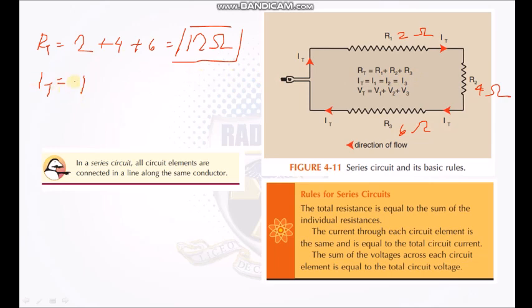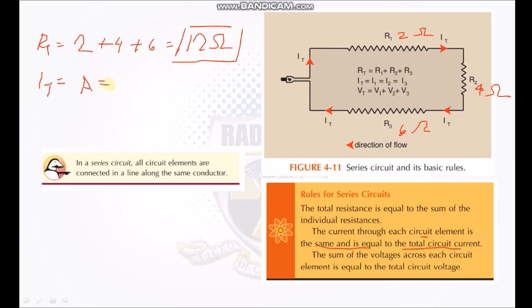So the intensity, again, this is measured in amperes. So the current through each circuit element is the same and is equal to the total circuit current.